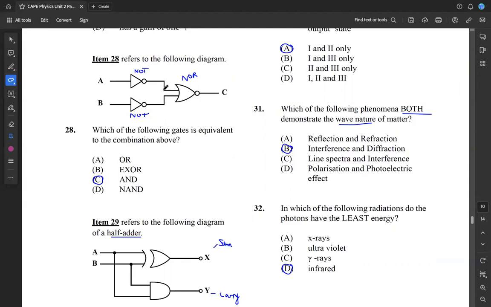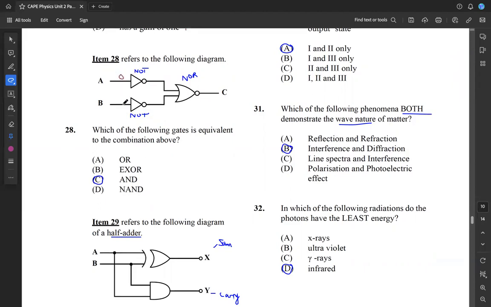What I like to do for these questions is first try a combination of inputs and see what you get. So let's put in 0, 0.